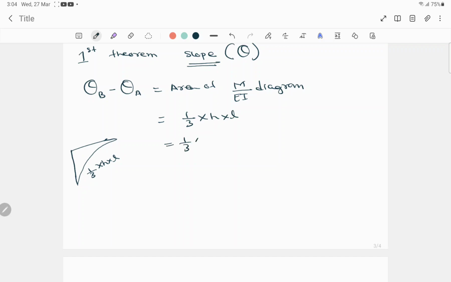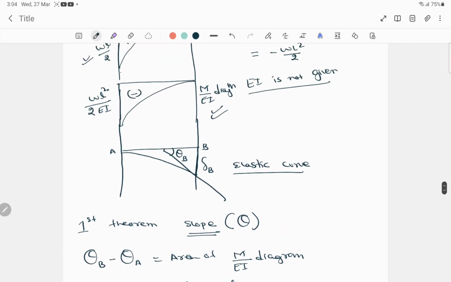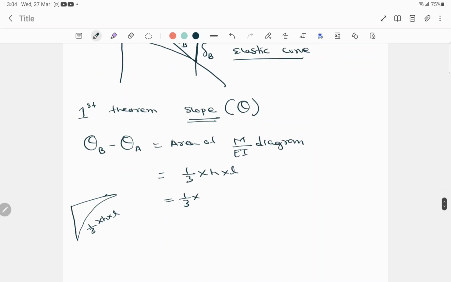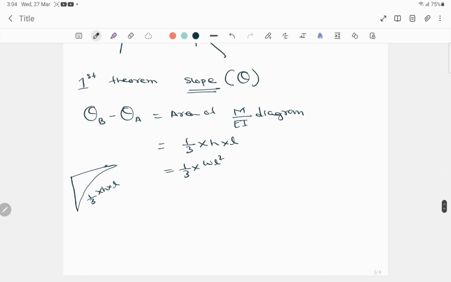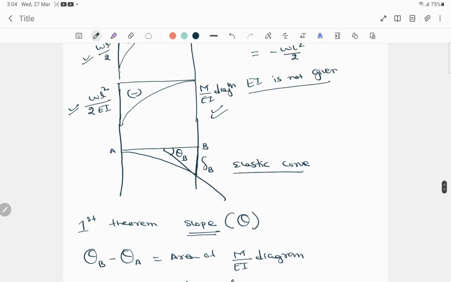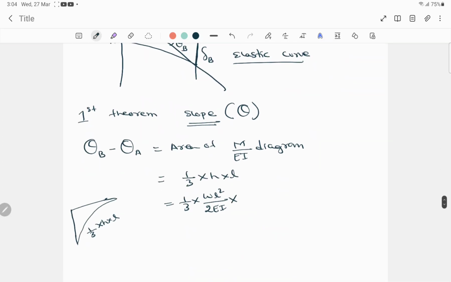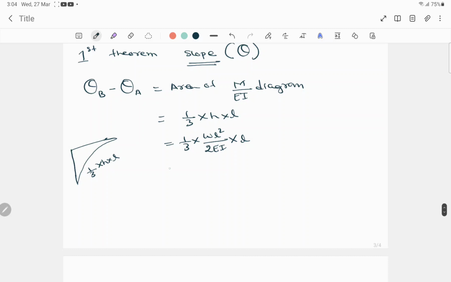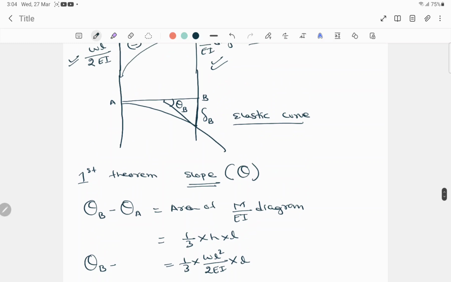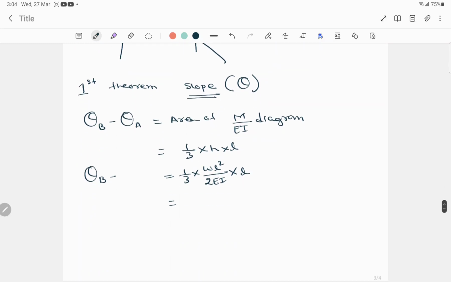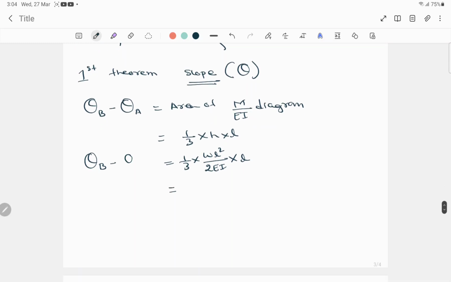Now 1 by 3, and what is h here? h is this one, WL square by 2EI, and the base is L. So theta B minus theta A, here theta A value is 0.